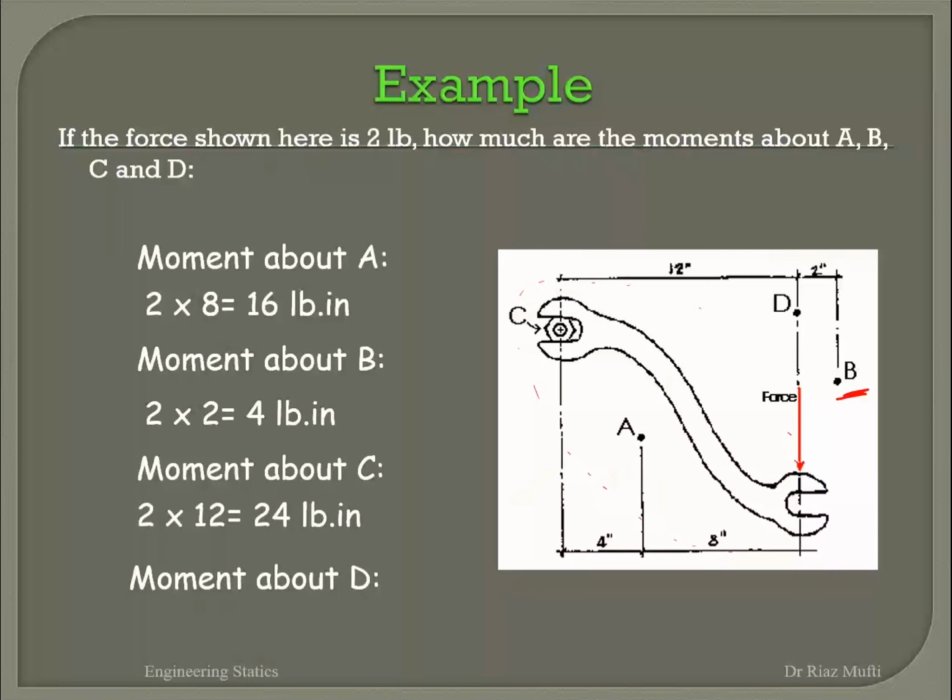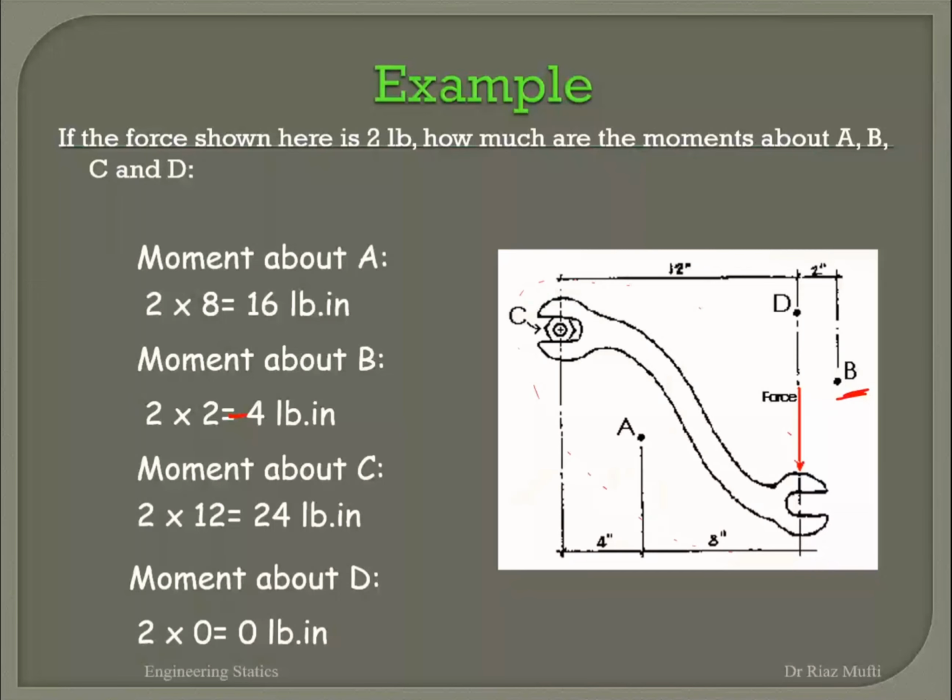So which one is wrong out of those? Sir, the third one, about C. It should be negative 24. Yes, sir. Which else is wrong? Sir, A and C should be negative because they both tend to be clockwise.